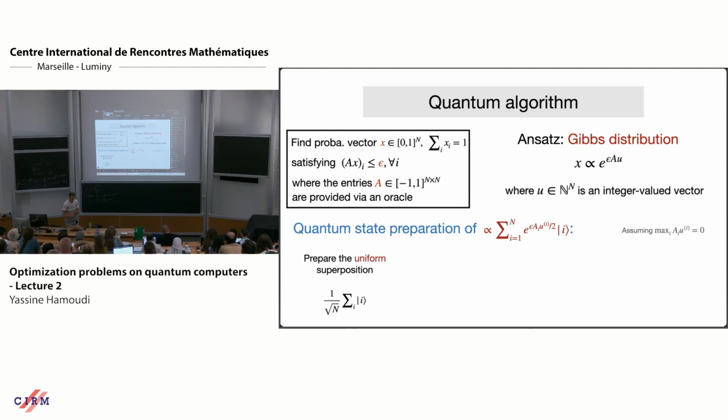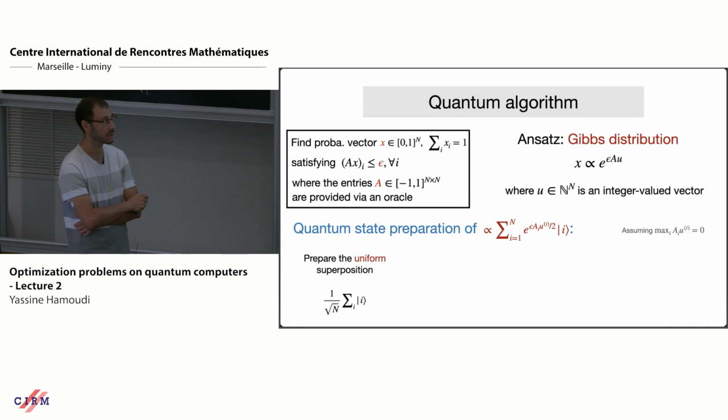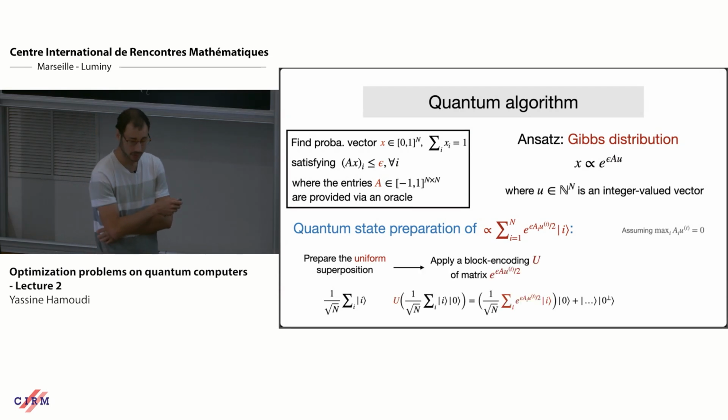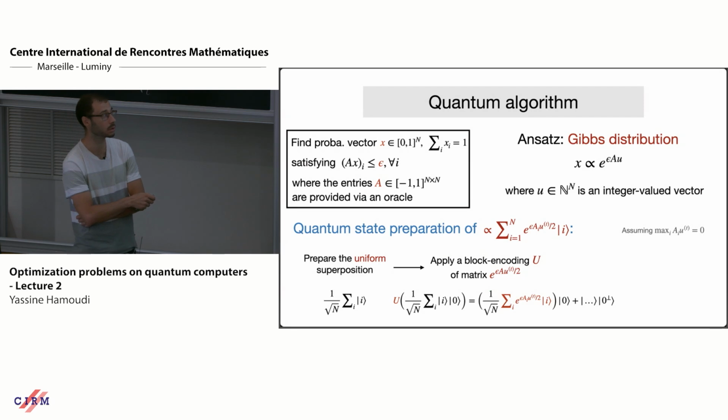Okay, so just to give you a very high-level idea about how quantum state preparation is performed for this kind of ansatz. You start with a uniform superposition. This is very easy to prepare. Now, this is the step which is hard to do or to explain.